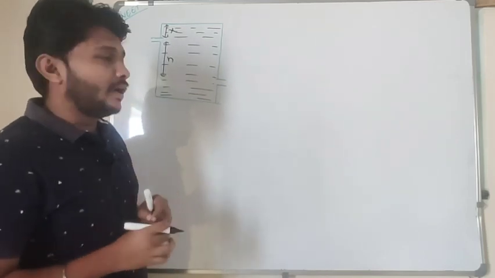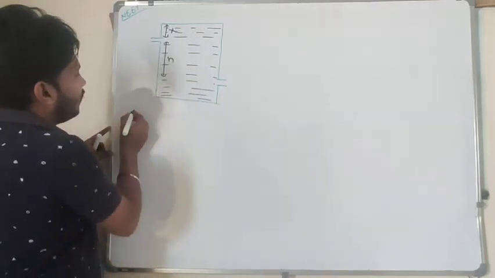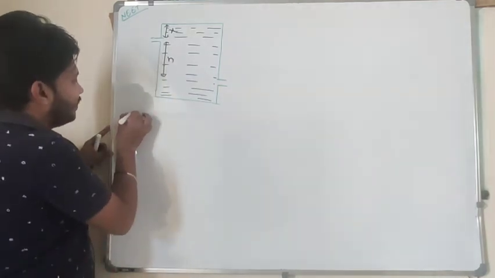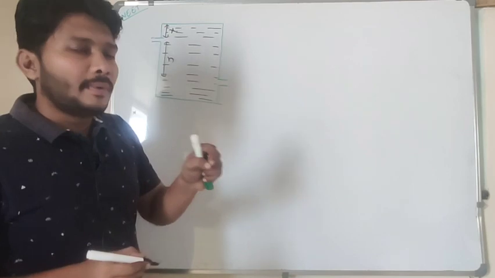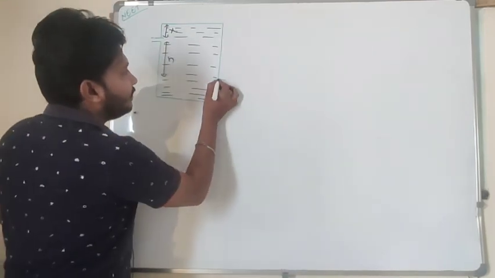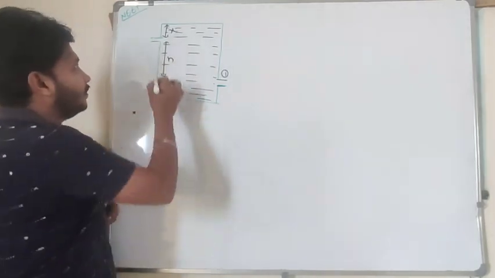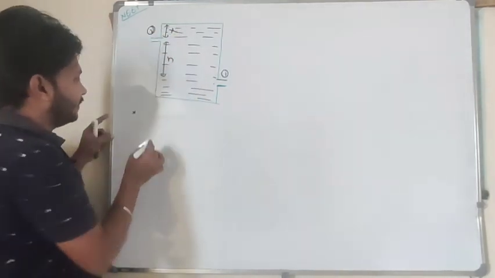Then I have to find out what force is exerted here. First I will consider the momentum concept. Momentum imparted at the bottom hole per second. This hole is at the top side.